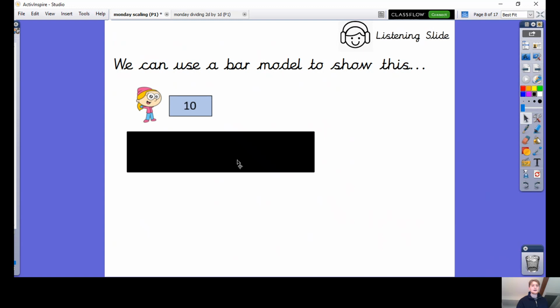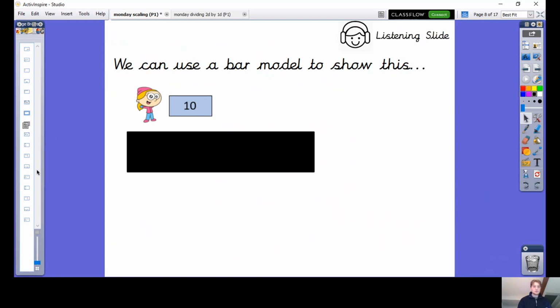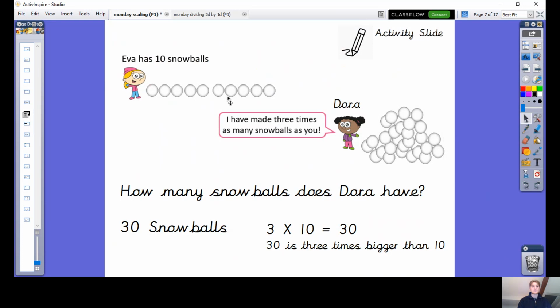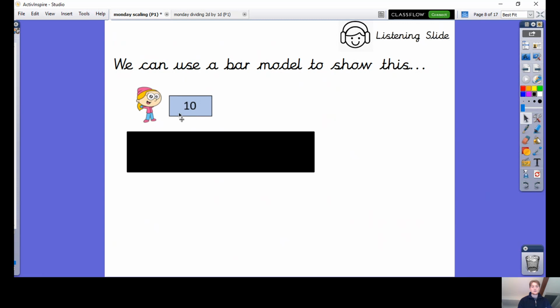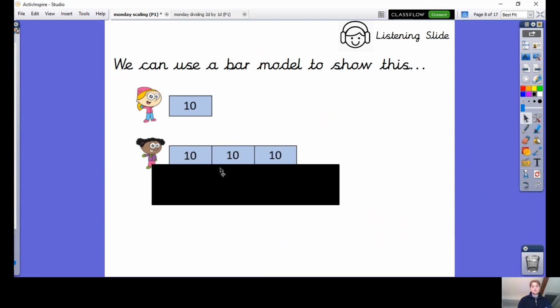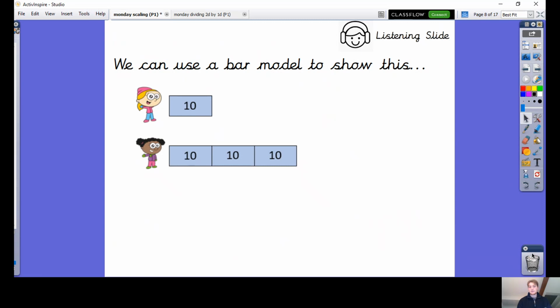We can also represent these problems or these calculations using some bar models. So if we use the question that we just had in the last slide, Eva has 10 snowballs. Can you see I've drawn it here as a bar model to represent there is a group of 10. We can then draw Dora's groups out like this.